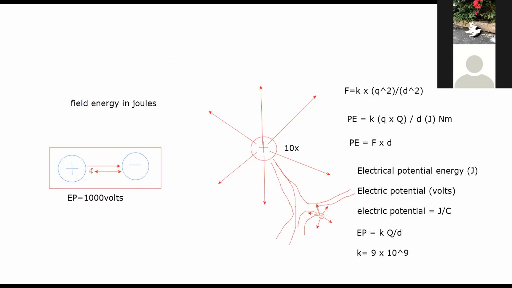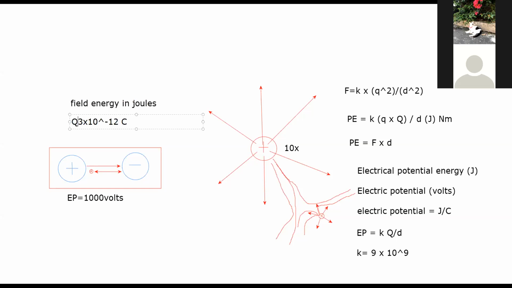So the positive object in there, let's say it's around 3 times 10 to the negative 12 coulombs.